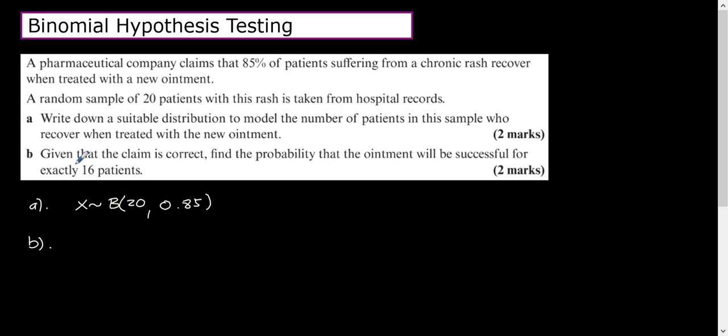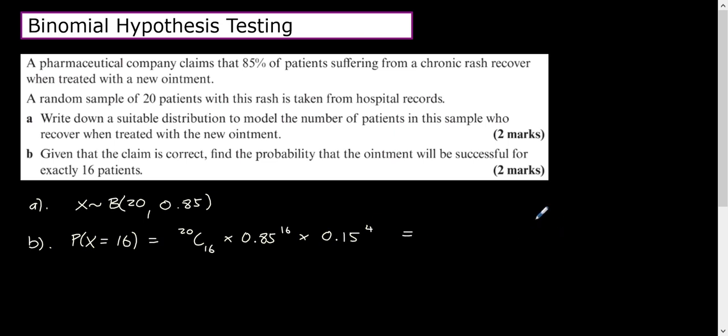So for part B, given that the claim is correct, find the probability that it will be successful for exactly 16 patients. So this is test statistic X equals 16, and we work this out by using our nCr calculation. So we have 20 choose 16 multiplied by 0.85 to the power of 16 multiplied by 0.15 to the power of 4.